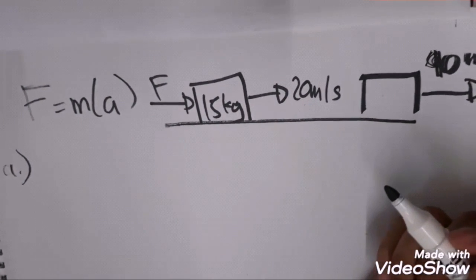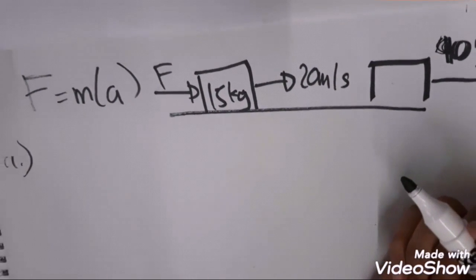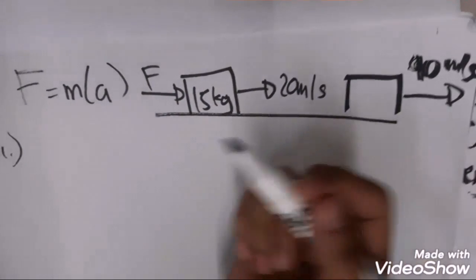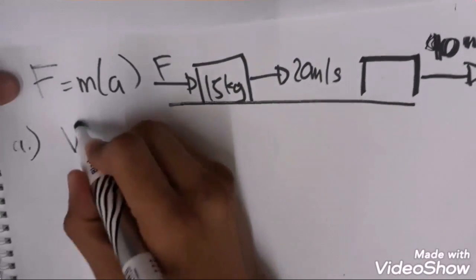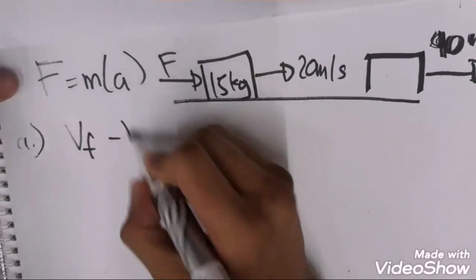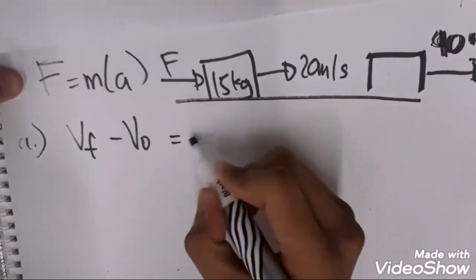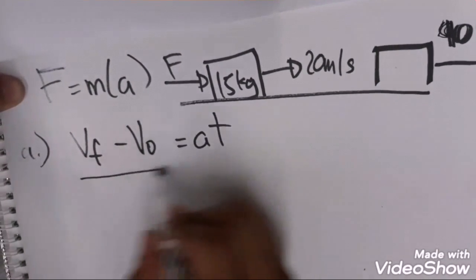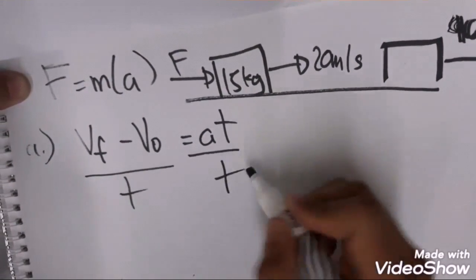So with a given final and initial velocity, we can get acceleration through a certain kinematic equation, which is v final minus v initial is equal to at. Now we have the time, so we need to divide it by time to get the acceleration.